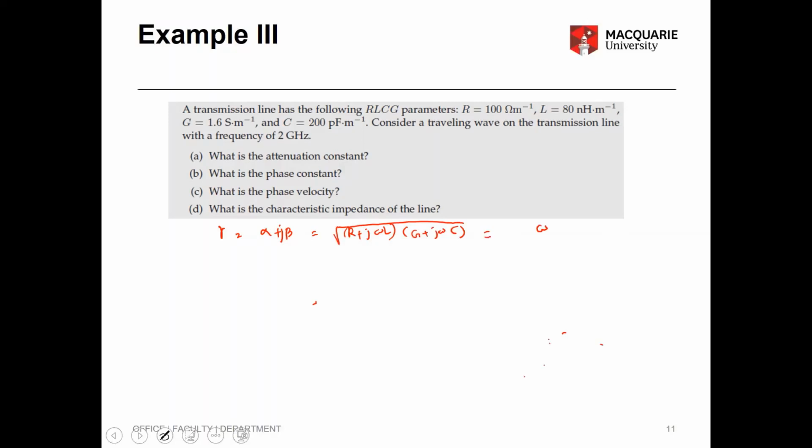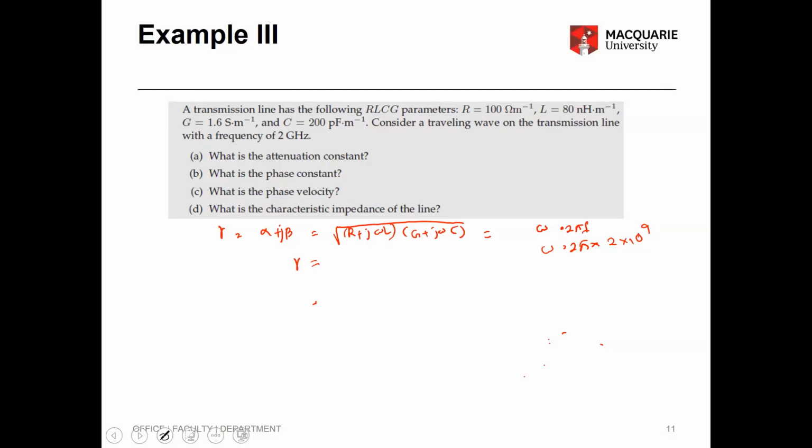Omega is 2 pi f, with f being 2 gigahertz, so 2 pi times 2 times 10 to the power 9. So you know all the values, you can substitute them, because you have to get the square root of a complex number. If you have MATLAB, I suggest you use it, and then you'll get an answer for gamma.